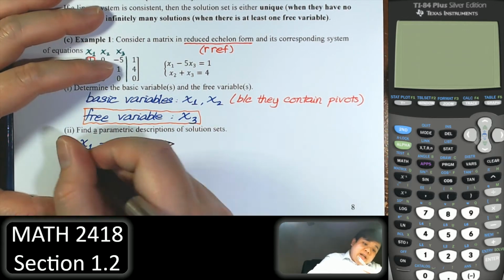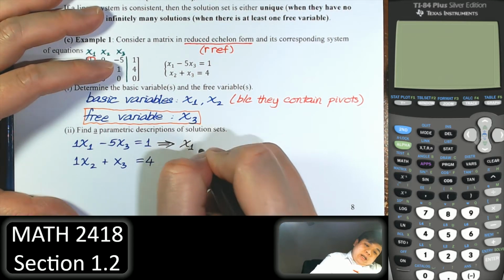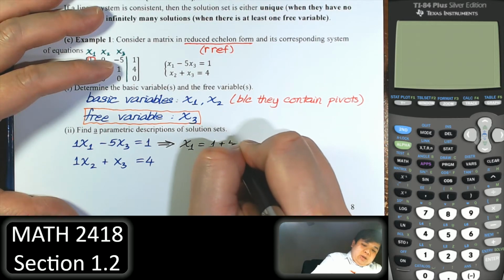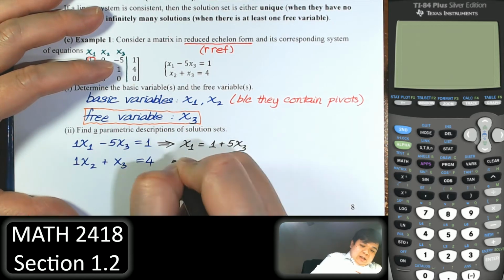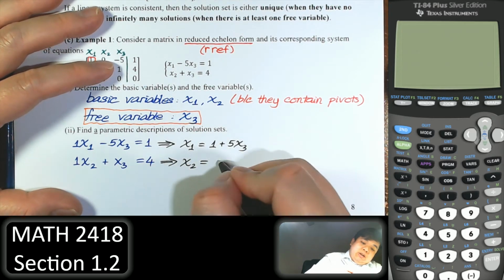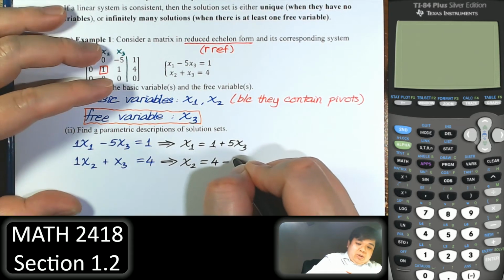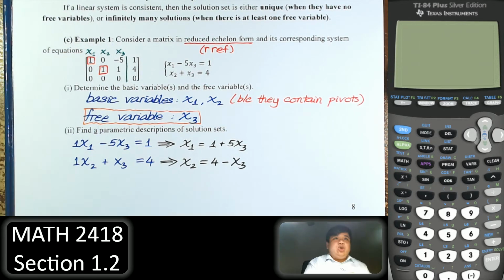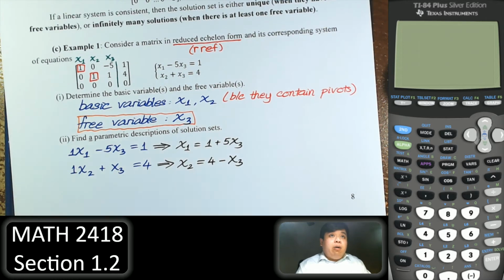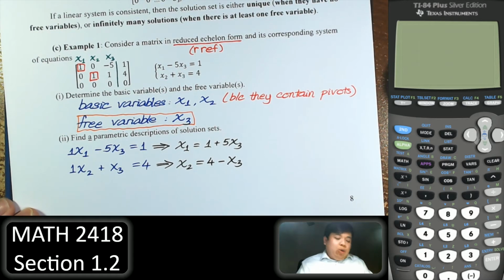So we can say x1 is equal to 1 plus 5x3, and x2 is equal to 4 minus x3. So we write the basic variables as a function of the free variables. So how do we write the solution?